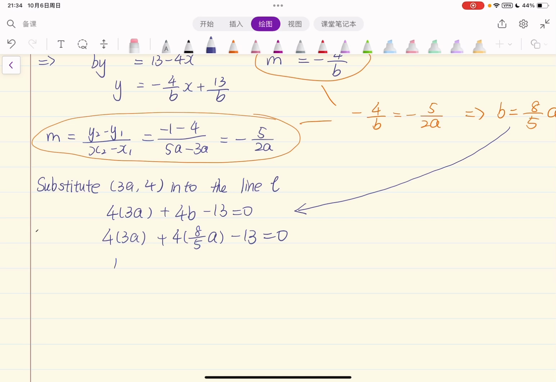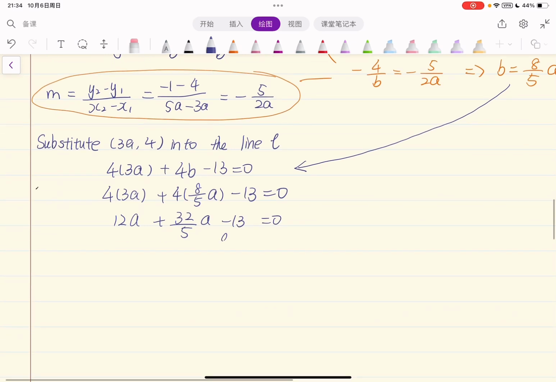Then we have 12a plus 32 over 5a minus 13 equals 0. What we left? We left 52 over 5a equals 13. So a equals 65 over 92.